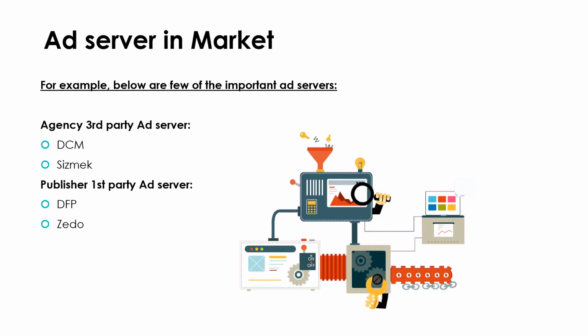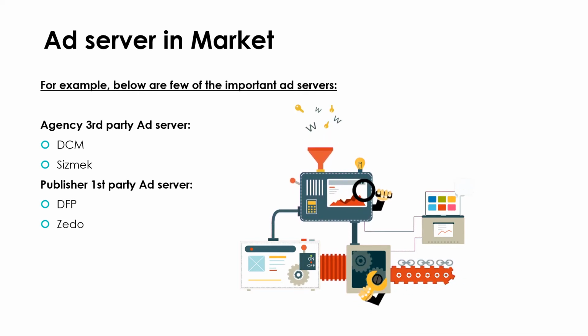If I talk about DCM, we can say this is the best third-party ad server in the market where you can traffic display, video, or rich media creatives. And here we have multiple features to execute the campaigns. If I talk about Sysmex, this is a third-party ad server. This is used for advertisers as well as agencies.